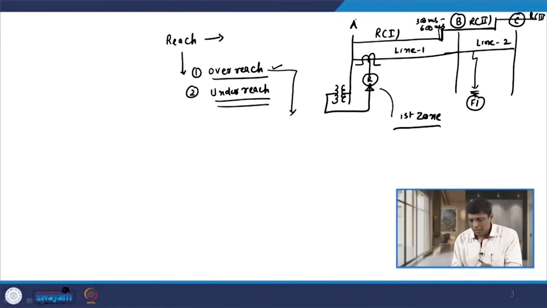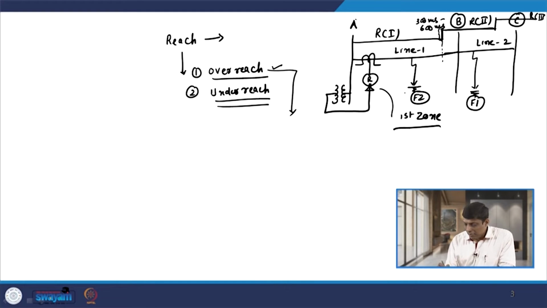Similarly, let us see what underreaching of the distance relay is. Underreaching means a fault occurs within, so this is the first zone area. Let us say a fault occurs at point F2. Obviously this fault is in the first zone of relay R, so relay R has to sense this fault and operate.